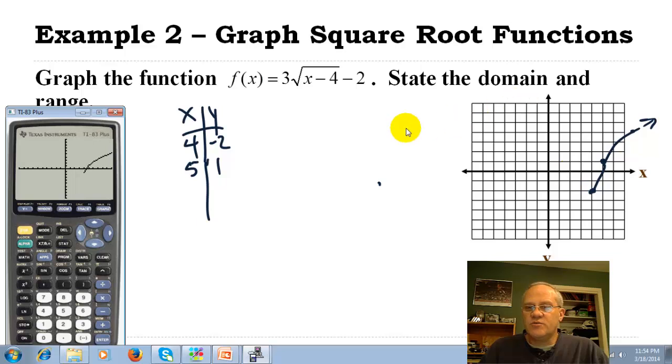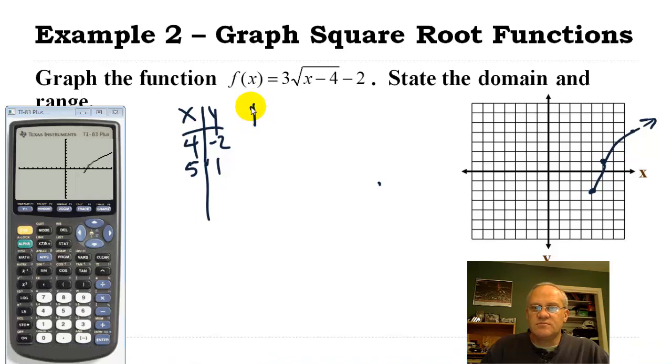Okay. So what's the domain and the range? Well, you can kind of look at what we did before, or pay attention to this first dot here, because the domain are all the x's to the right of that, and the range are all the numbers above that. So what does that mean? Your domain is where x is greater than or equal to, what is this number here? That's 4, which comes from this.